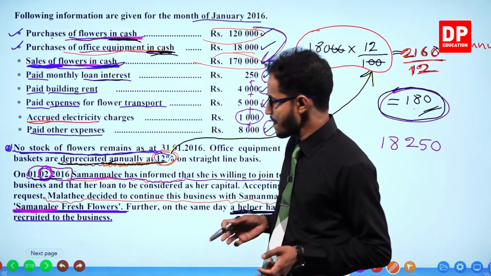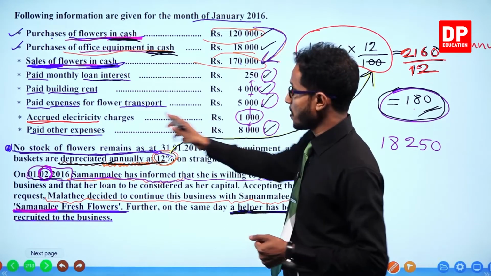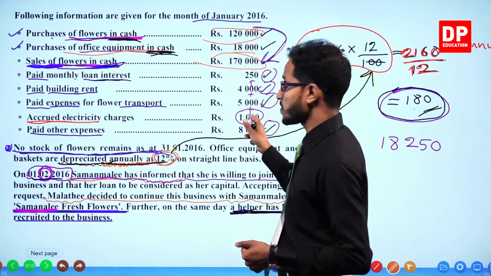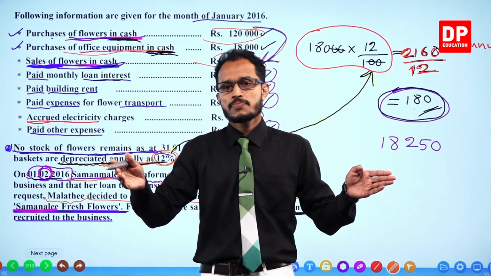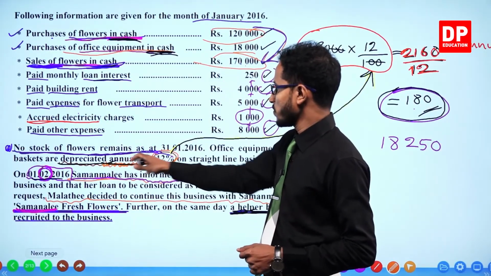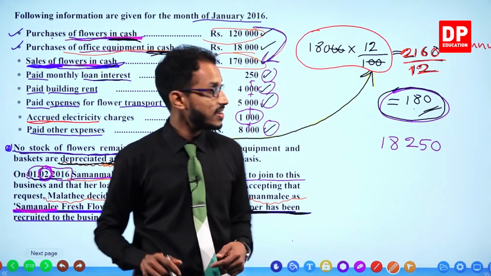Accrued basis means we must take the accrued charges too. That's why we took the accrued charges. Accrued expenses, unpaid expenses, relevant for the year. So we must take the depreciated amount, which is 180.